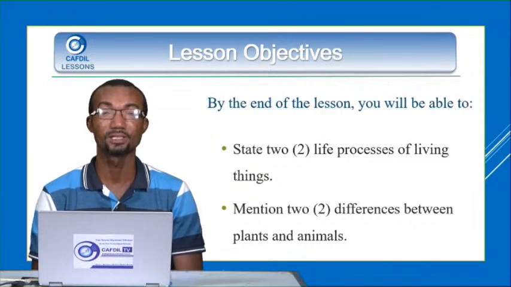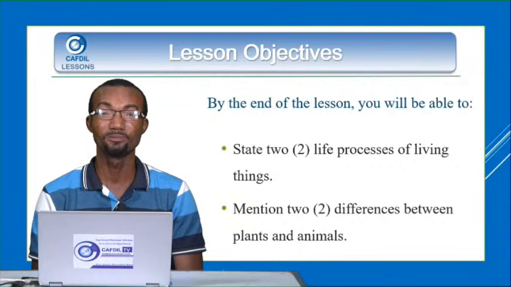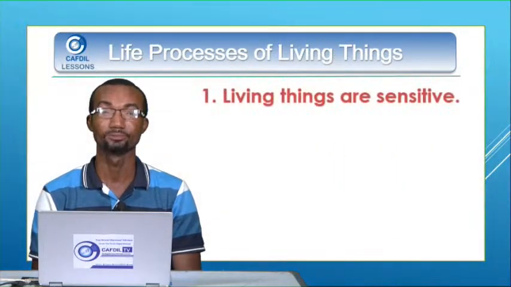Mention 2 differences between plants and animals. So I believe by the end of this lesson, you'll be able to state additional 2 life processes of living things and add them to what we did last time, and also state 2 differences between plants and animals. Let's start our lesson.